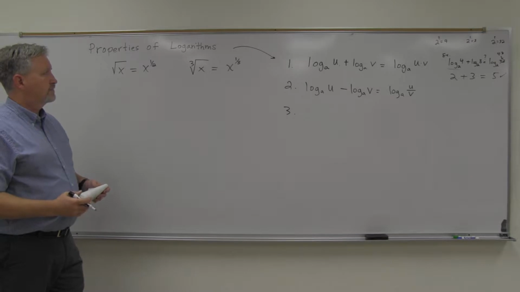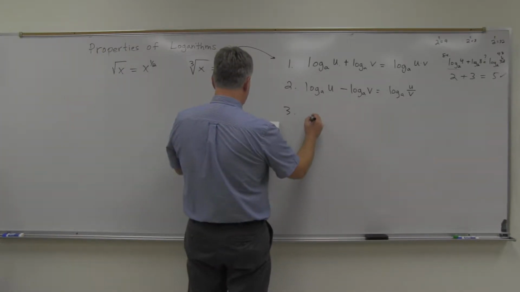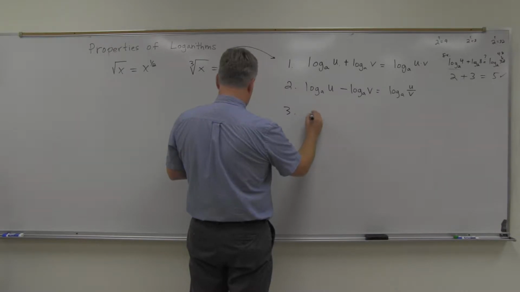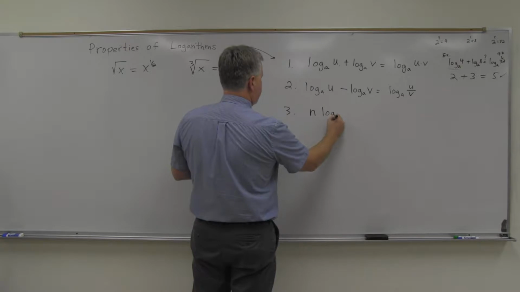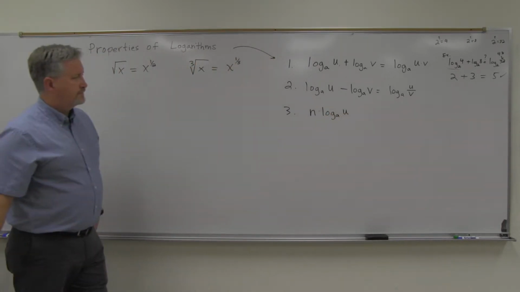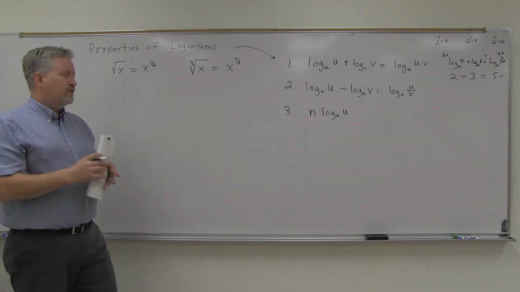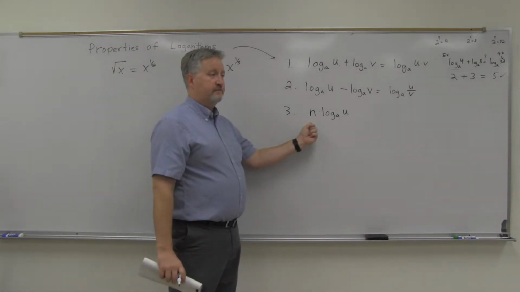And then the third property that I want to mention here now is this: if I have n times the log base a of u. What this one has is not two logarithms, it's one logarithm, but there's a number in front.